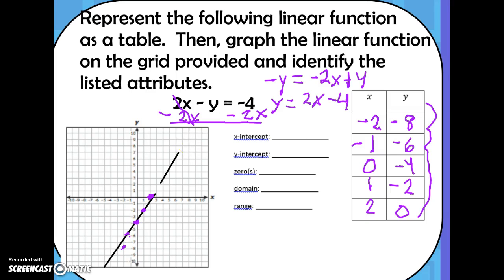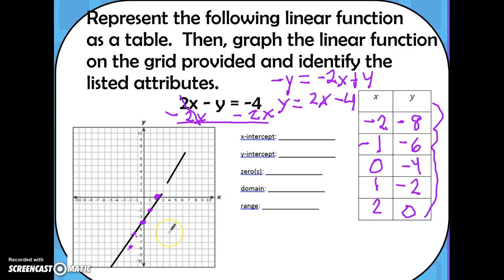My line just broke. Okay, and then I can look at it and see where my x-intercept is. It should be positive 2, 0. This is an x-intercept right here, crossing the x-axis, and that point is 2, 0. So I'm going to put 2, 0. Let me double check on our graph here. Yes, I have the x-intercept right there. And then the y-intercept should be right here where you're crossing the y-axis.